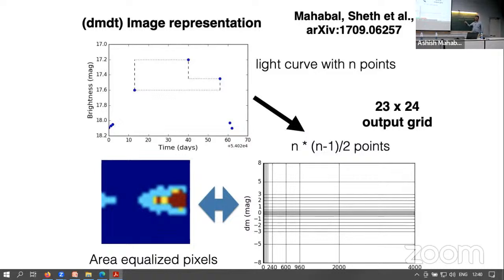If you've got n points in your light curve, you have roughly n squared points here. And now you can get a density, and that density is what is here. Then you can do various kinds of normalization and so on. And this can be a fairly small thing, just like the MNIST data is fairly small, 28 by 28. We had images that were roughly the same dimension, so we could use various models that existed.